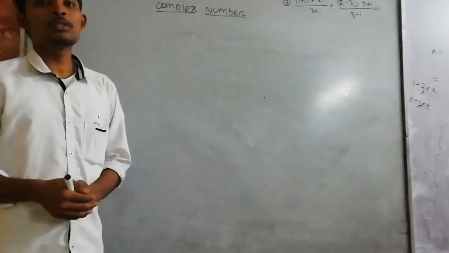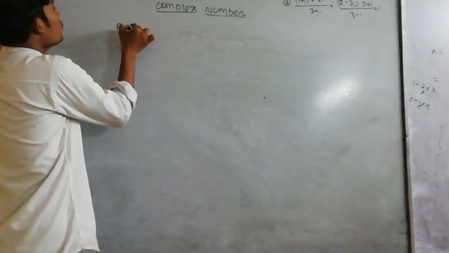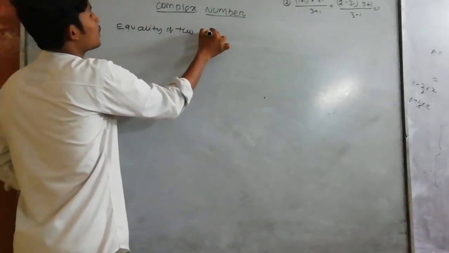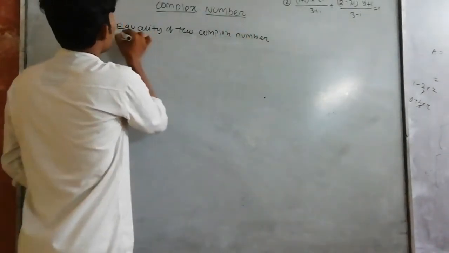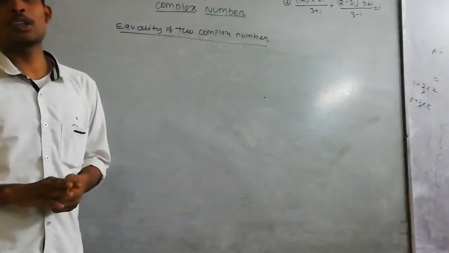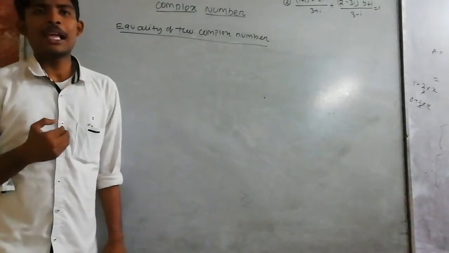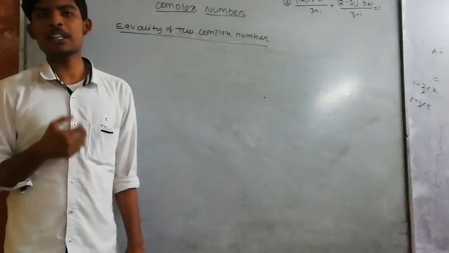Let us start equality of two complex numbers. Two complex numbers are said to be equal if the real part and the imaginary part are separately equal.